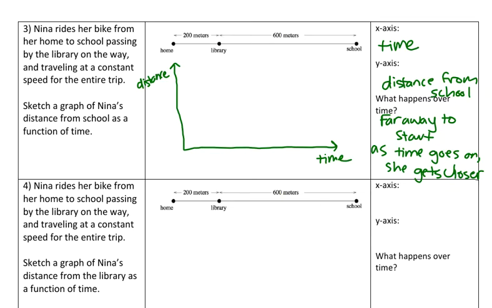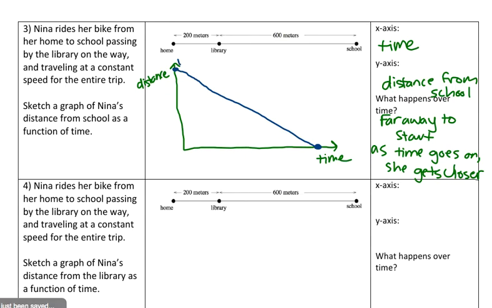Okay, so if I drew a line, she's going to start really far away. So the distance is going to be really high. And then as time goes on, she gets closer and closer until finally she's at the school. And that's when she would stop.